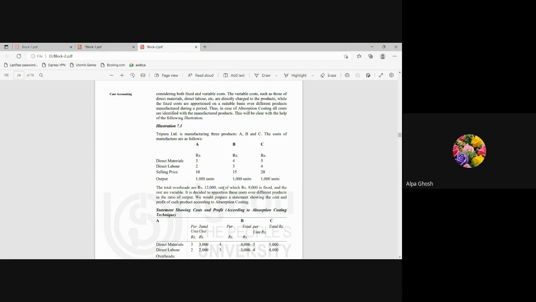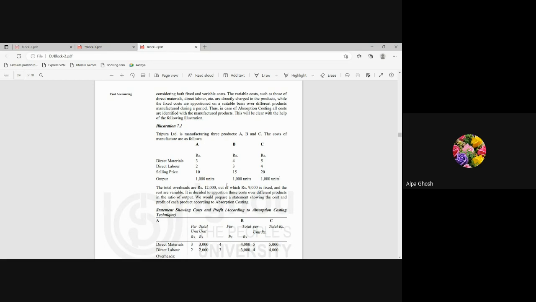That means the balance 3,000 is variable. It is decided to apportion the cost over different products in the ratio of output. So you need to find the distribution of this cost on the basis of output in units.